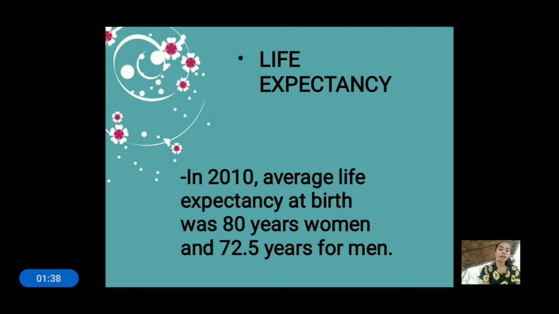There is also a growing gender gap of 7.5 years in life expectancy. In 2010, average life expectancy at birth was 80 years for women and 72.5 years for men. It is obvious that this data came from 2010, and also that women lived longer than men.